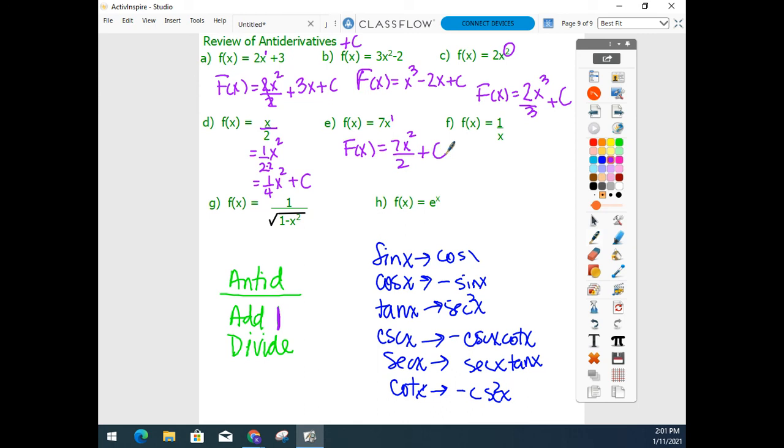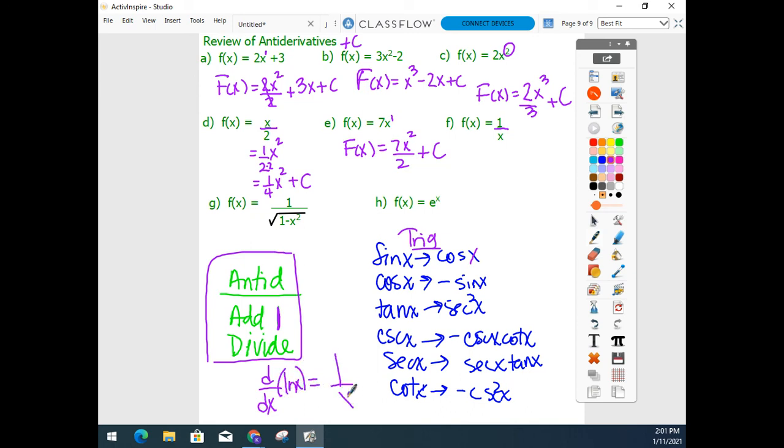Okay, this one's kind of sneaky. We have to remember, just like down here, if these are your trig derivatives, there's a couple others. This is your power process for your polynomials. What's the derivative of ln x?